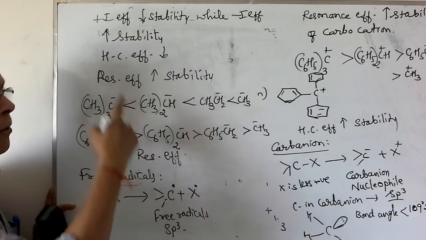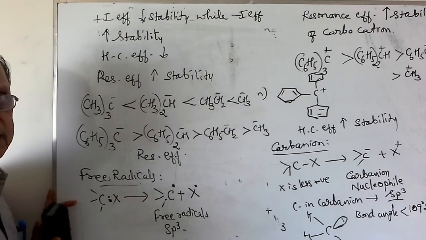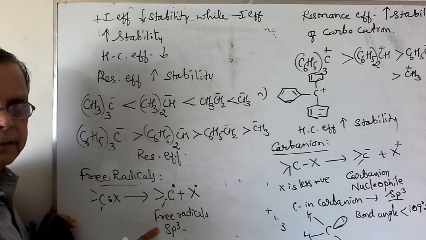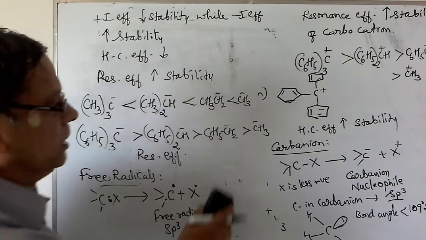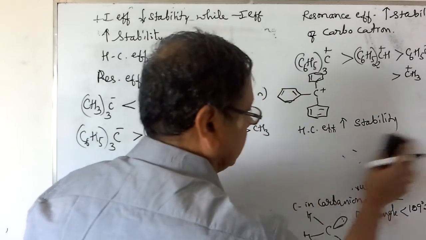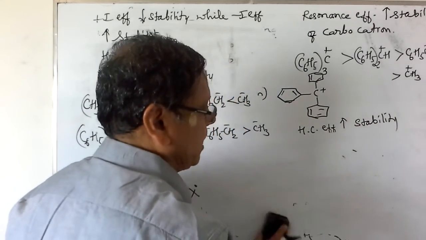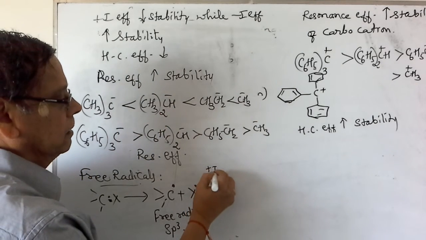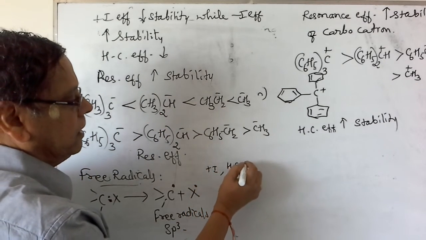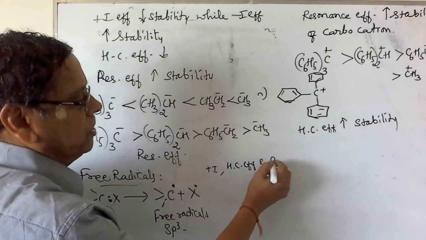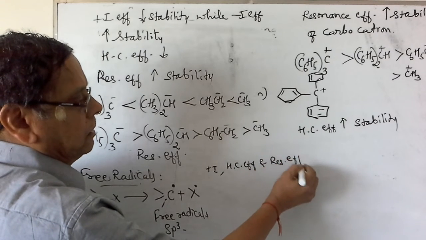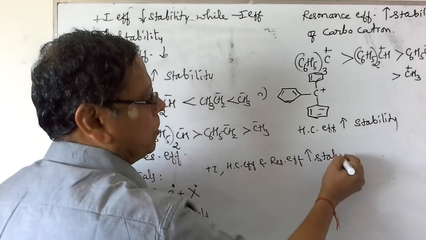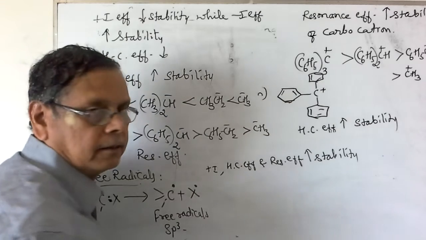And again, the positive inductive and hyperconjugation effects as well as the resonance effect will increase the stability of these free radicals. So whatever order of free radicals we write, it will be the same as that of the carbocations. So plus I effect, hyperconjugation effect as well as resonance effect will increase the stability of carbon free radicals.